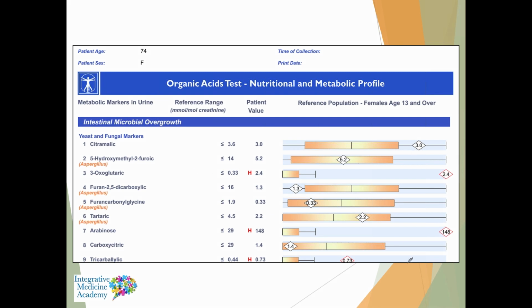Now, notice we also have in this kid high levels of pyroglutamic and 2-hydroxybutyric. Most likely the reason for these elevated markers is all of the toxins that are going on. Mold, oxalates, candida, probably some chemicals, although we'd have to test for it, probably some heavy metals, although we'd have to test for it.